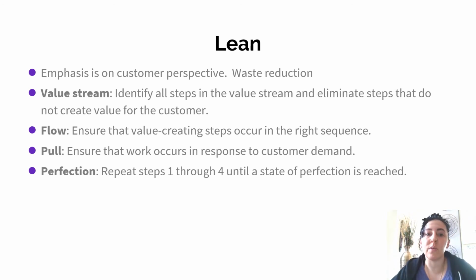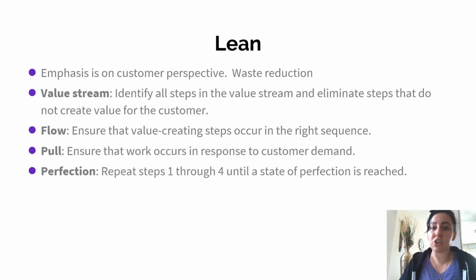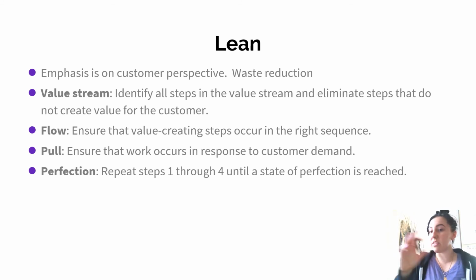Okay, then flow. You want to ensure that value creating steps occur in the right sequence, in the right order, as you're building your quality improvement strategy. Then pull. Ensure that the work occurs in response to customer demand. There we go, very customer service oriented, given whatever the customers demand, whatever they wish.